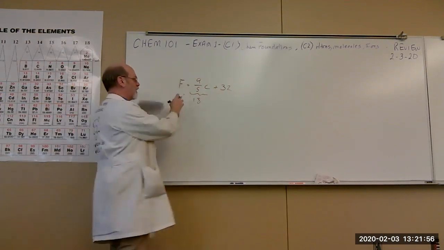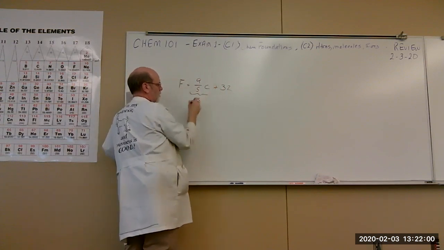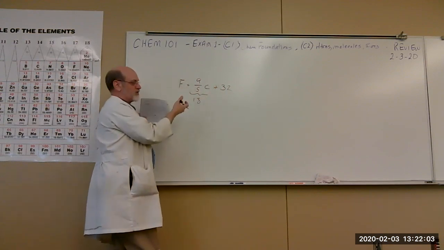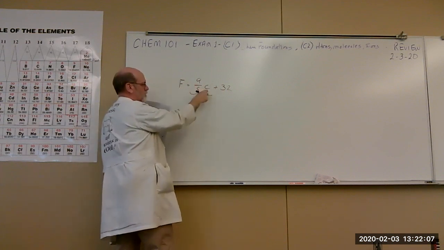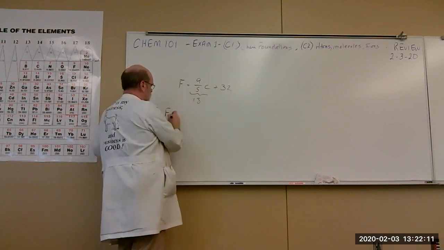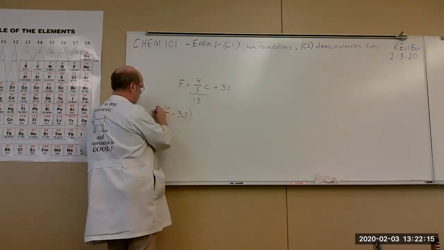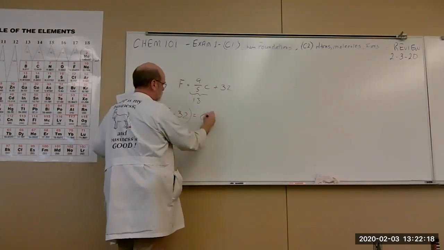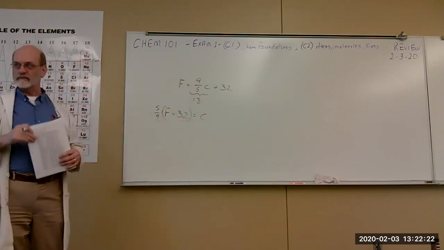So if you know that formula for Fahrenheit, centigrade, or Celsius, then you can rearrange it to find out if you know Fahrenheit, you can find centigrade. So you just put F in there, subtract 32, and divide, and that equals centigrade. Rearrange your formula.